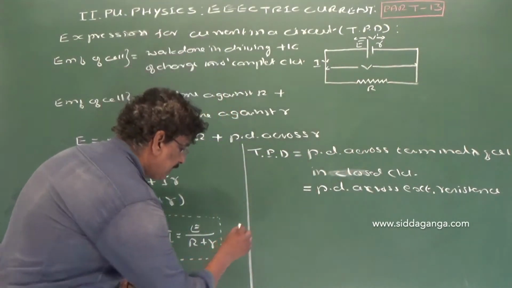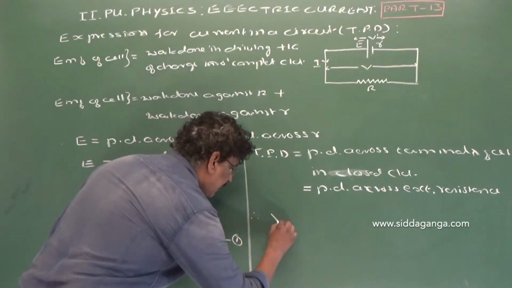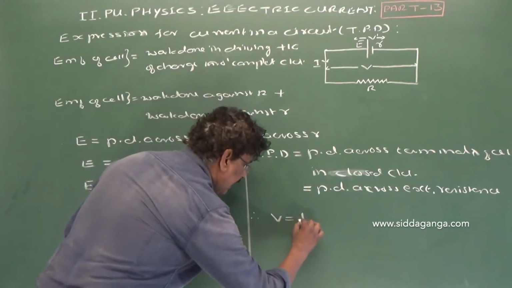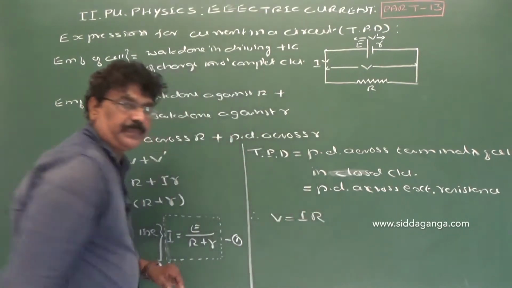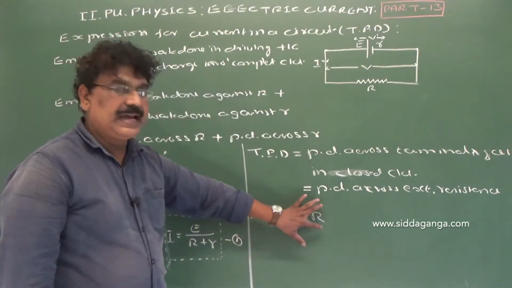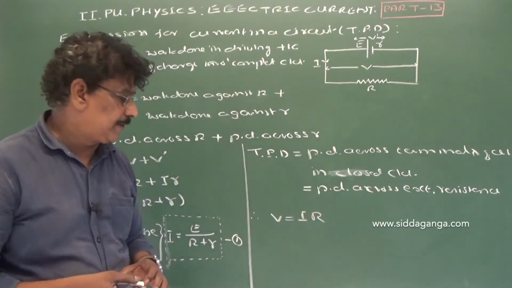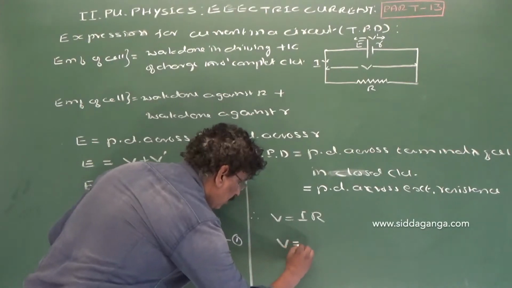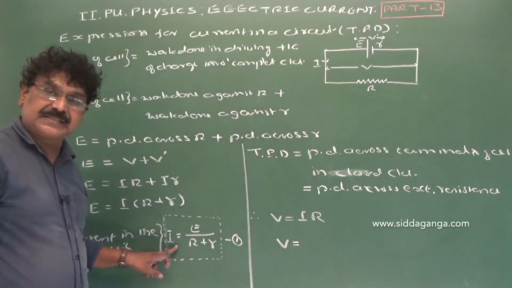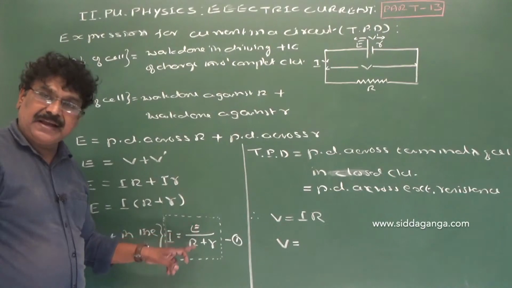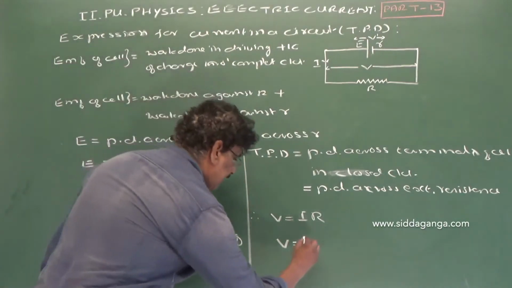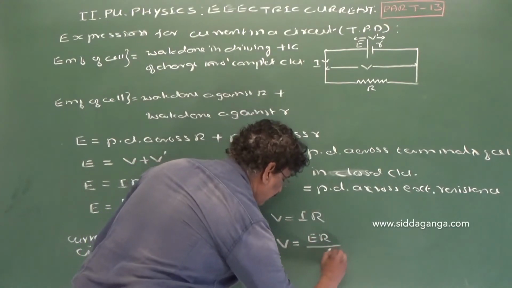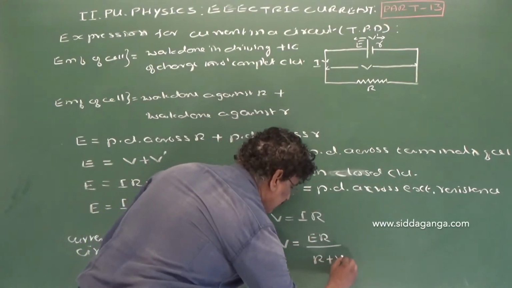Therefore, this terminal potential difference V is equal to I into R, where I is current and R is resistance. But I is E by R plus r. Therefore, V is equal to E into R by R plus r.